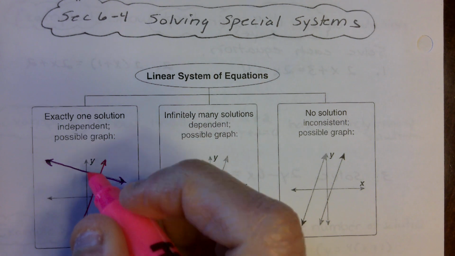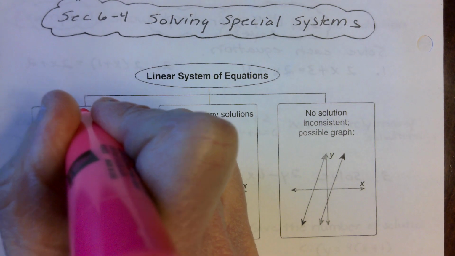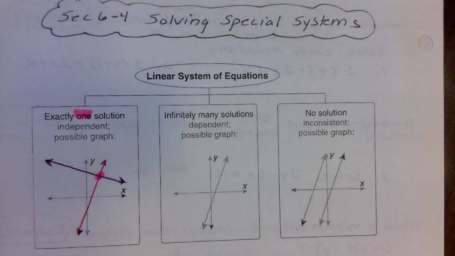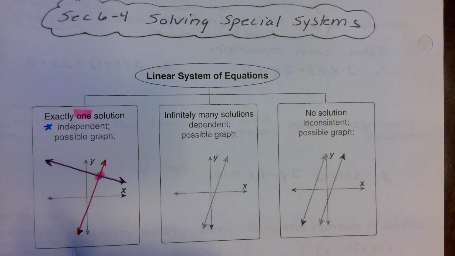Because this point right there is my solution. And as it says right here, there is exactly one solution. When you have a situation that's exactly one solution, that is called independent.